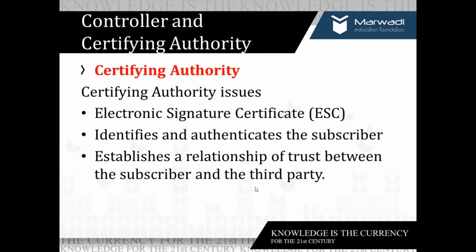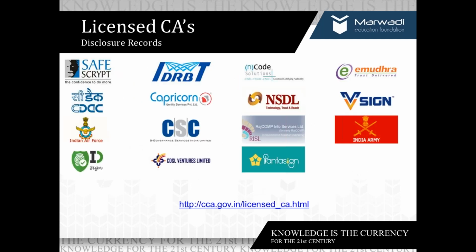I know this is quite difficult to understand, the functions of a certifying authority, but let me give one example. Next are some licensed CAs, certifying authorities. And here maybe you know NSDL, right? Follow my cursor.